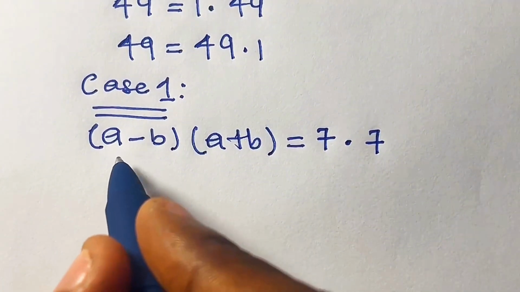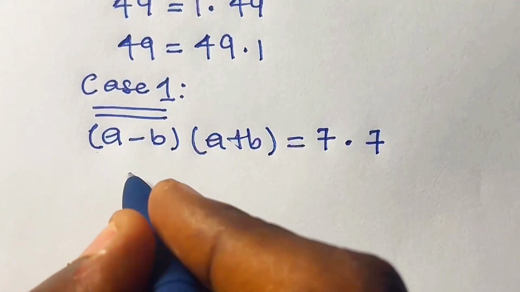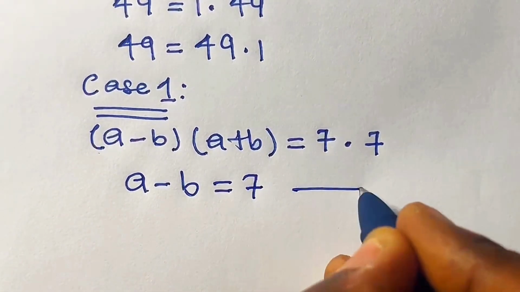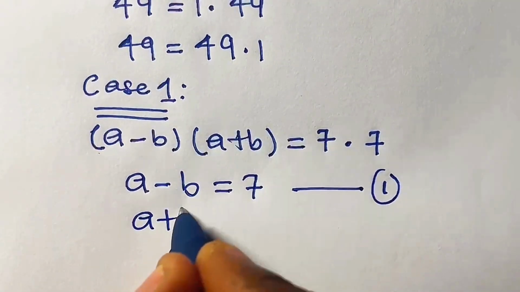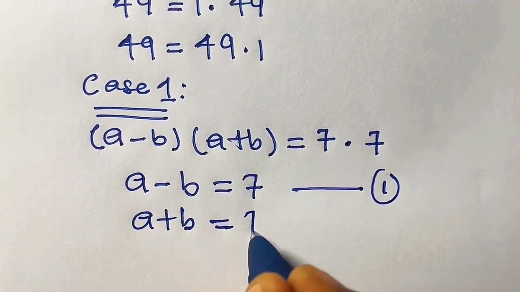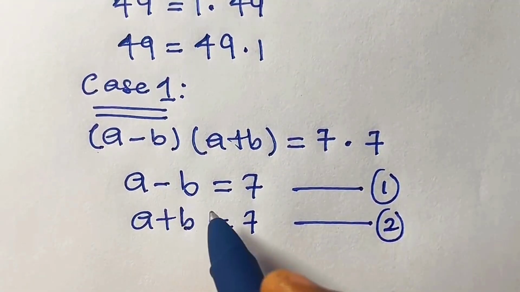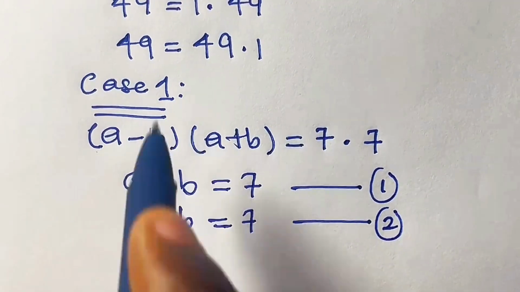What this means is that this equals this and this equals this. So we have a minus b equals 7, number this as our equation 1. Then we have a plus b also equals 7, number this as equation 2. Now we can solve this simultaneously to obtain our values of a and b in this case.